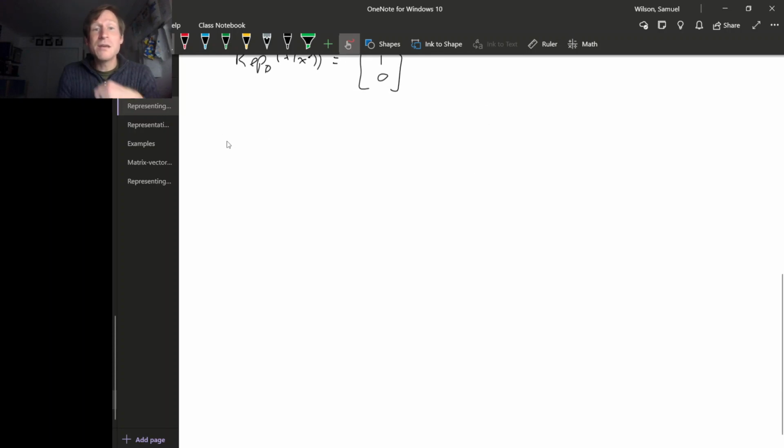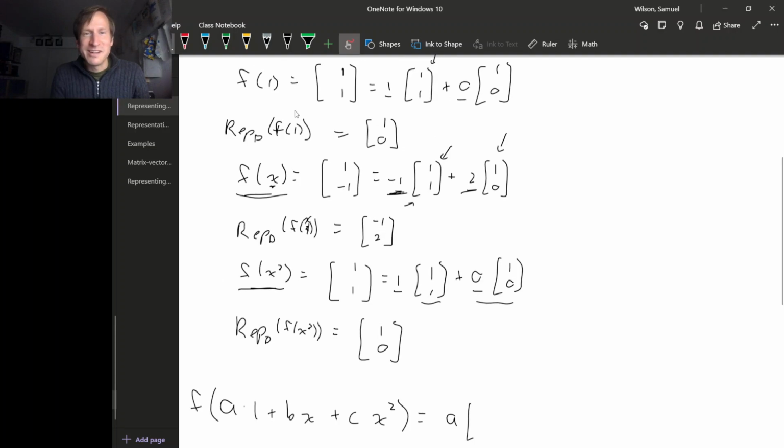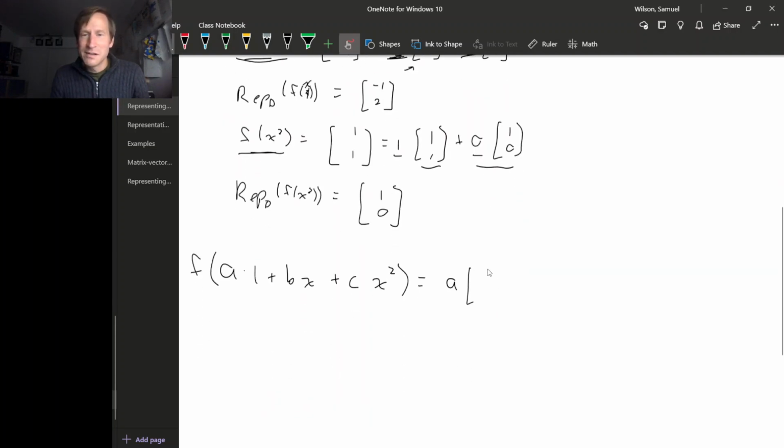Okay, so if we start with any polynomial, that would be a times 1 plus b times x plus c times x squared. So what does f do to this? Well, we could plug in values to see what f does to this, but we know f is a linear transformation or a linear map, so we might as well use the fact that f preserves structure. So this is a times f of 1, which we've computed: f of 1 is (1, 1).